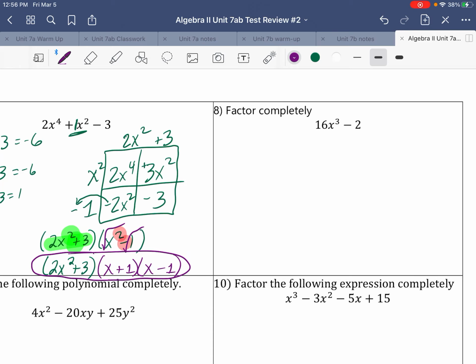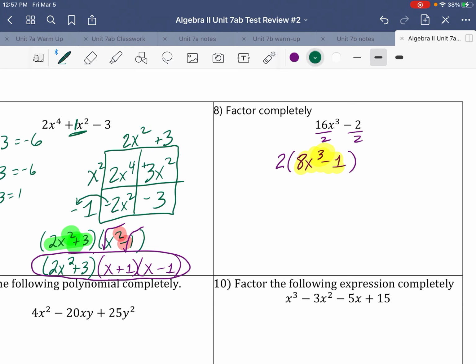Number 8, we have, is there a greatest common factor? Yes, you can divide by 2. Sorry, greatest common factor is 2. 4x to the 3rd minus 1 is left. Then look on the inside. Can we factor that binomial further? Well, I see to the 3rd power, so it's cubic.